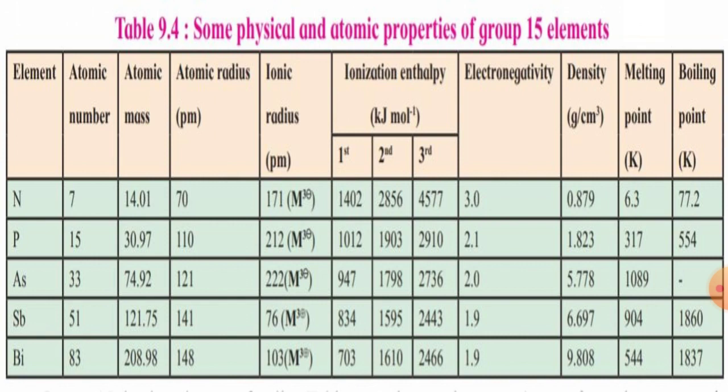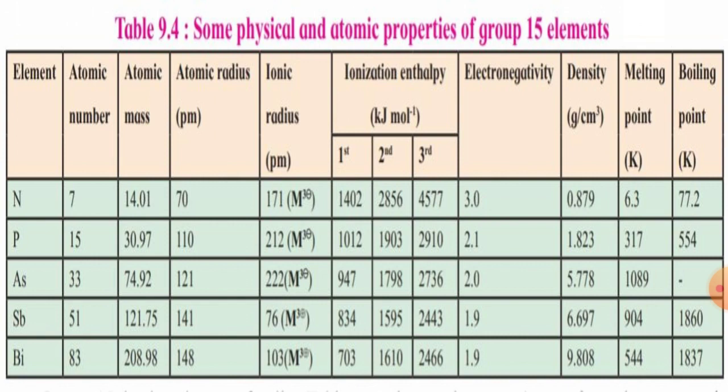If the question arises for ionization enthalpy, you are supposed to state that down the group atomic number increases and atomic radius also increases down the group. Atomic radius is inversely proportional to ionization enthalpy. Ionization enthalpy is the amount of energy required to remove the most loosely bonded electron from an isolated gaseous atom.